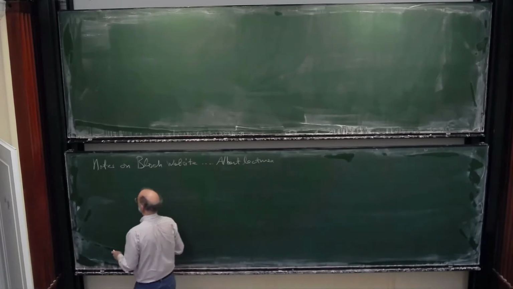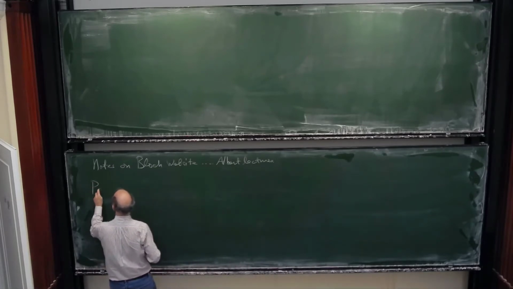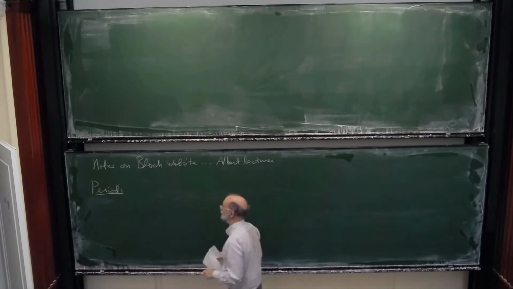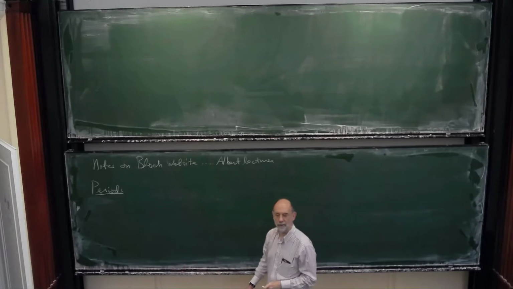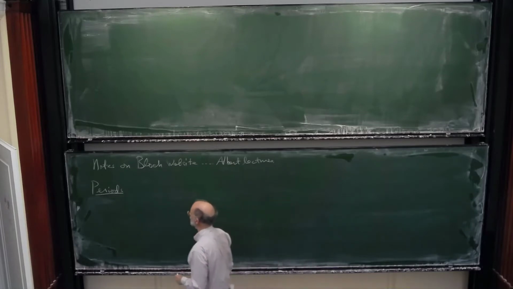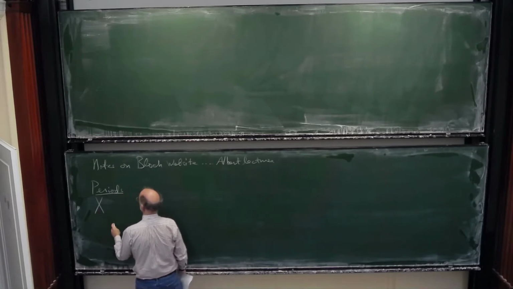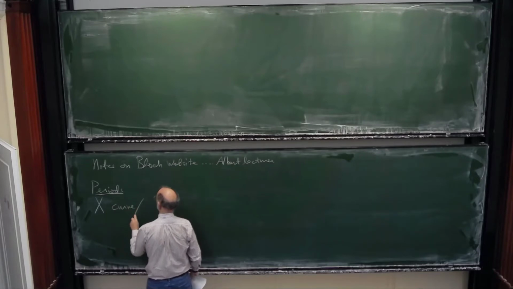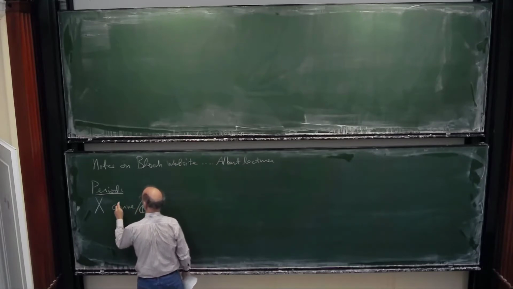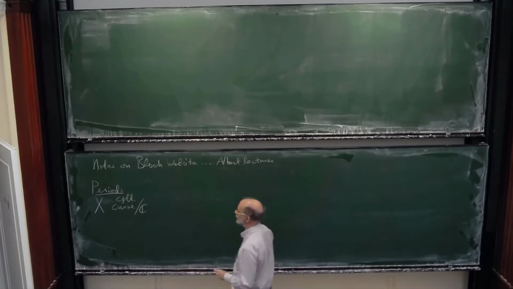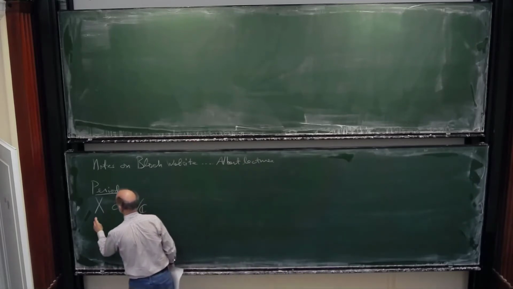So we want to talk about periods, but to start with, let's start with a simple example. Suppose that we have X, a Riemann surface, so a complete curve over C. Suppose we give ourselves 2 distinct points, x0 and x1.